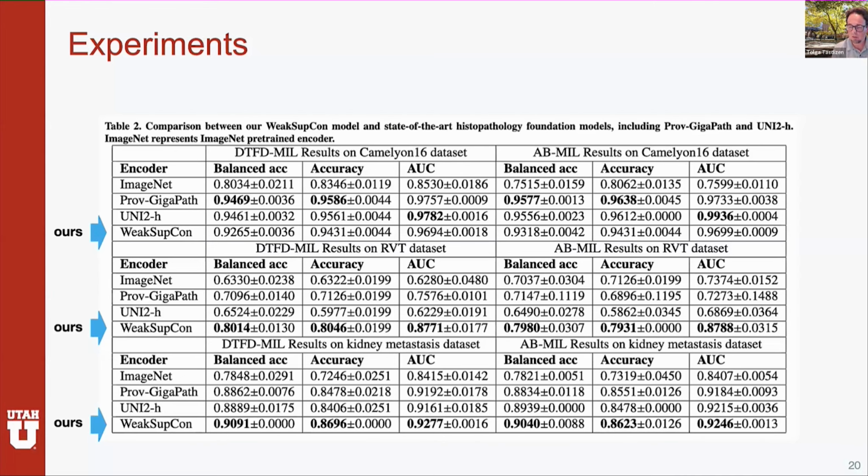On Chameleon 16, the publicly available method, the more traditional approach, typically outperforms us by a little bit, and that's expected because those foundation models are trained on a very large number of slides, and for public data sets that are out there, they do a great job. They do an okay job for most private data sets also. For instance, on the kidney metastasis data set at the bottom here, our method is pretty close, maybe a little bit better than this approach because the features themselves are better tuned to the problem.